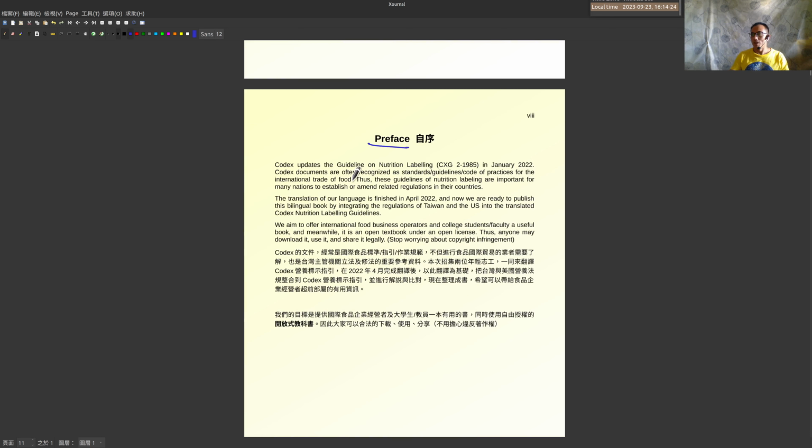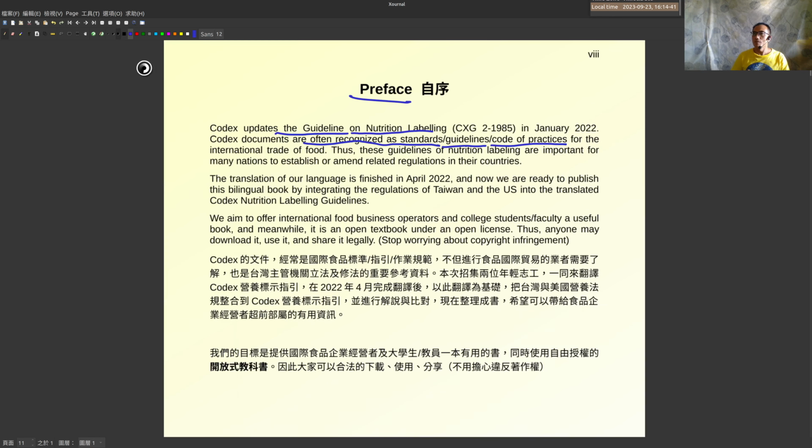Previous survey. For example, Codex updates the guideline on nutrition labeling in January 2022. Codex documents are often recognized as standards, guidelines, and codes of practice for the international trade of food. Okay, let me enlarge it. And the translation of our work was finished in April 2022. Now we are ready to publish this bilingual book.